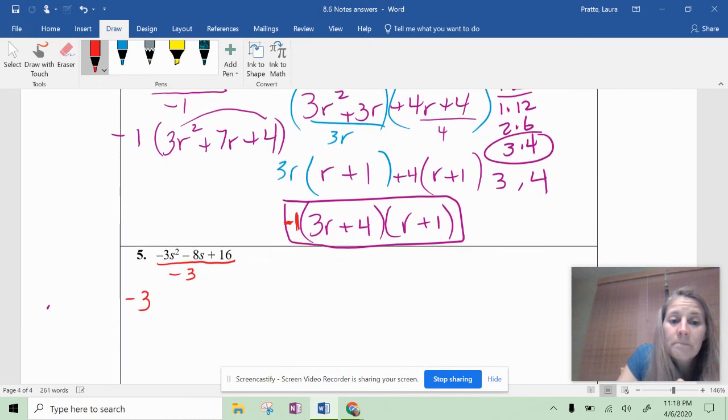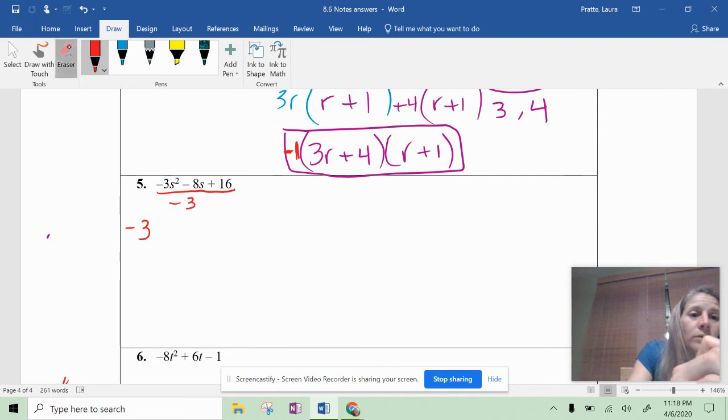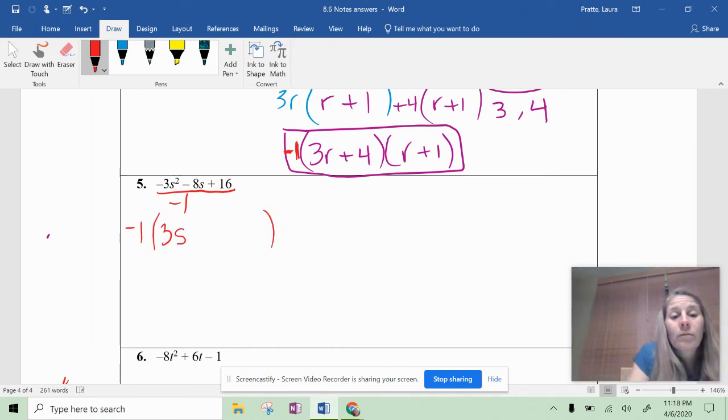So don't forget that. Now this one is also only divisible by -1 because 8 and 16 are not divisible by anything else. So we have positive 3s squared plus 8s minus 16. So now we'll do AC for this part.